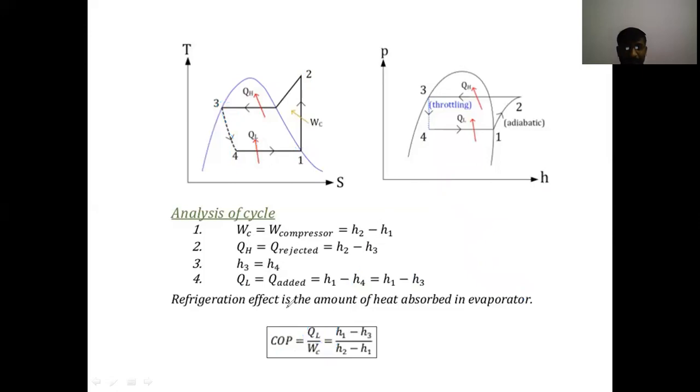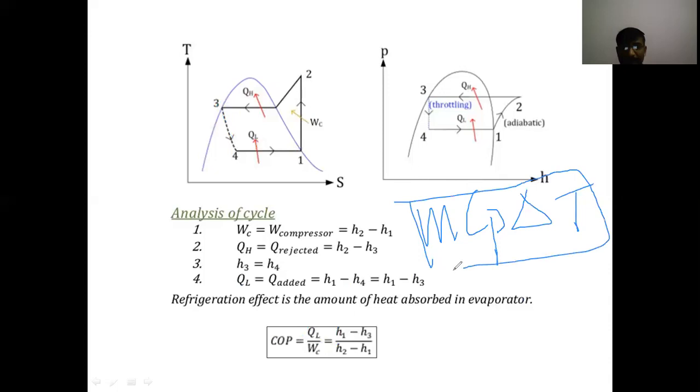Every formula is represented in terms of enthalpy here, because it is a phase change cycle. We should not write it in terms of m Cp delta T, because m Cp delta T represents only sensible heat. Whenever the temperature changes from one point to another point, we can use m Cp delta T to calculate the heat transfer rate.